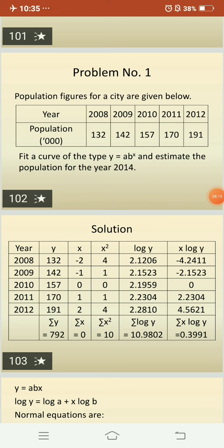I have already explained how to take the given values. In this exponential curve, fit a curve of the type y equals a b raised to x and estimate the population for the year 2014. I have already explained how to calculate the estimated value.